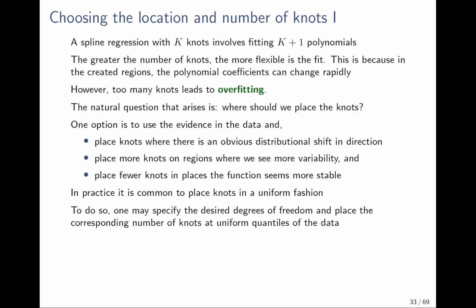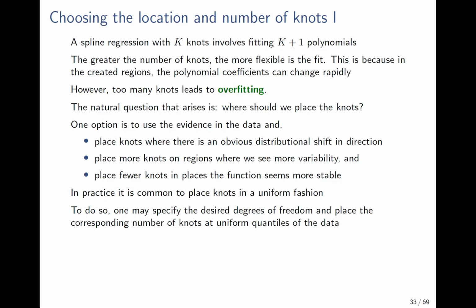So the natural question that arises is, where should we place the knots? One option is to use evidence in the data: look at the data and place knots where there's an obvious shift in direction, because we want to capture that nonlinearity. We'll place more knots in regions where we see more variability, and fewer knots in places where the function seems more stable.